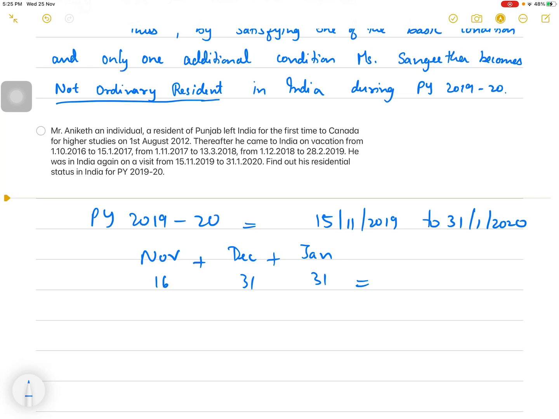So 62, 78 days. His stay in India is 78 days during the previous year 2019-20. He does not satisfy the first basic condition. Let's check the second basic condition. His stay in India during the previous year is more than 60, right?